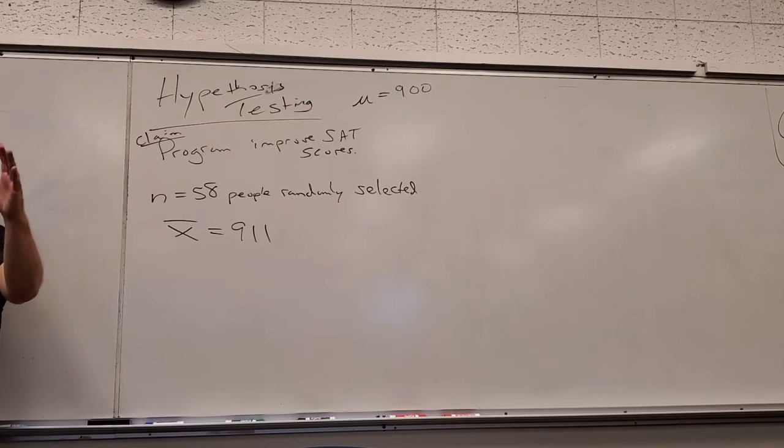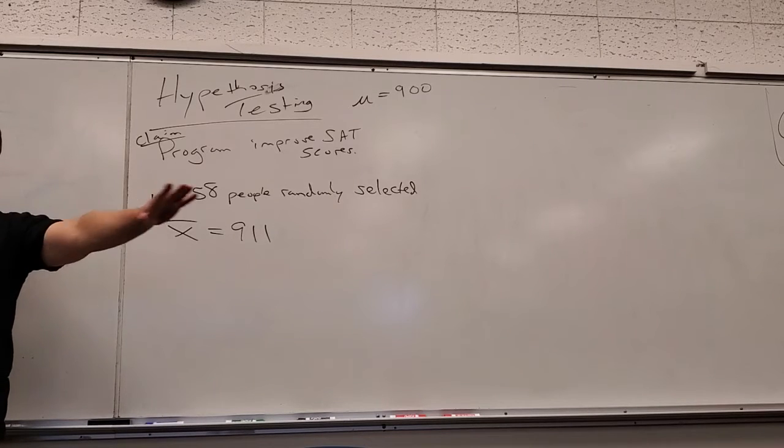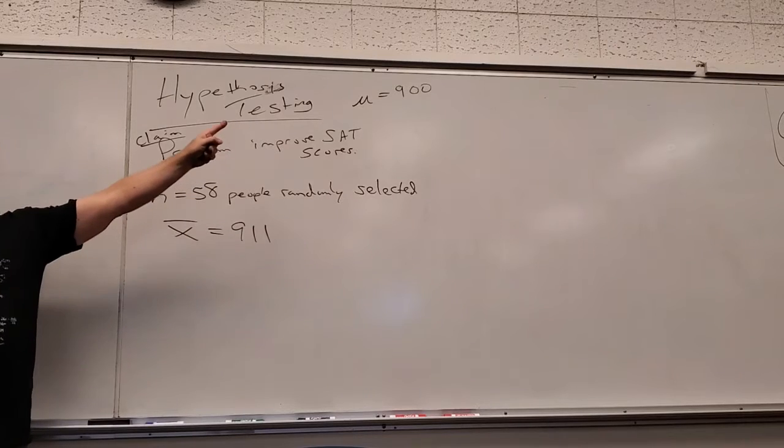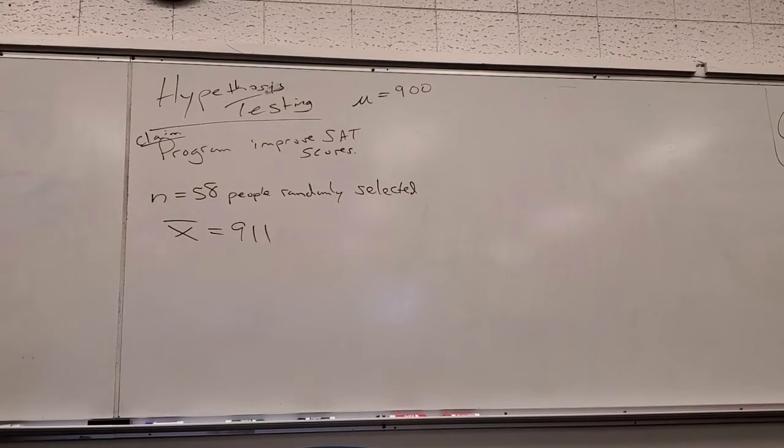So I'm not necessarily talking about individuals. Or I could say it would improve your SAT score, but that would be a whole other thing. So we're only looking at means, but I like what you're saying. There could be lots of variability in my study, but the mean still came out to be 911, which is above 900. But there's something more fundamental that's not good enough evidence.